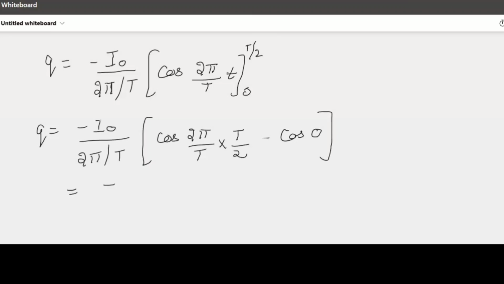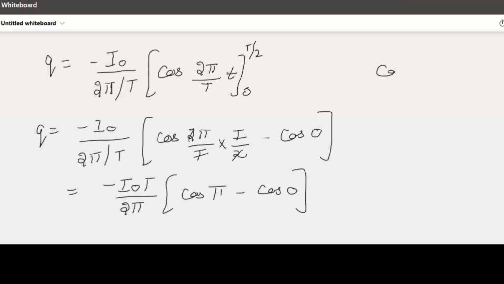So we have the expression minus I naught capital T divided by 2 pi, and in the bracket, the 2 and 2 get cancelled, T and T get cancelled. So we have cos pi minus cos 0. We know that cos pi is equal to minus 1 and cos 0 is equal to 1.